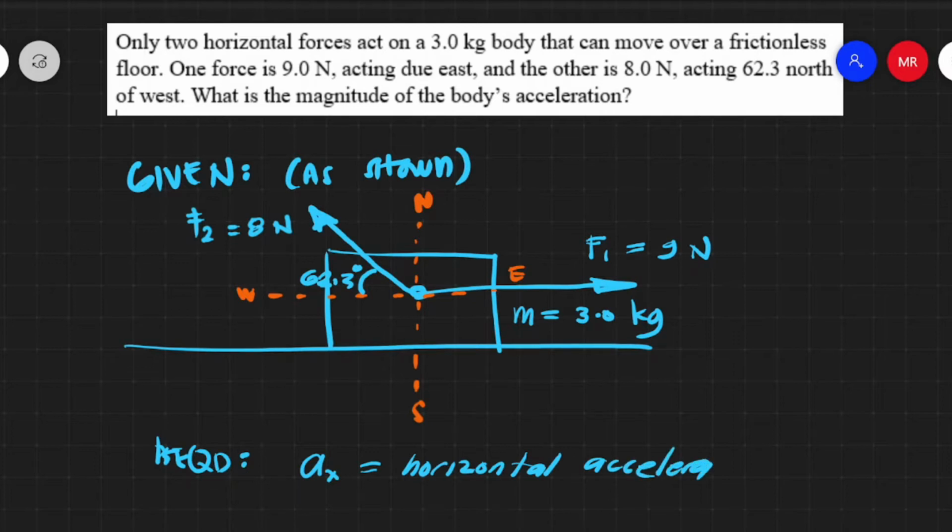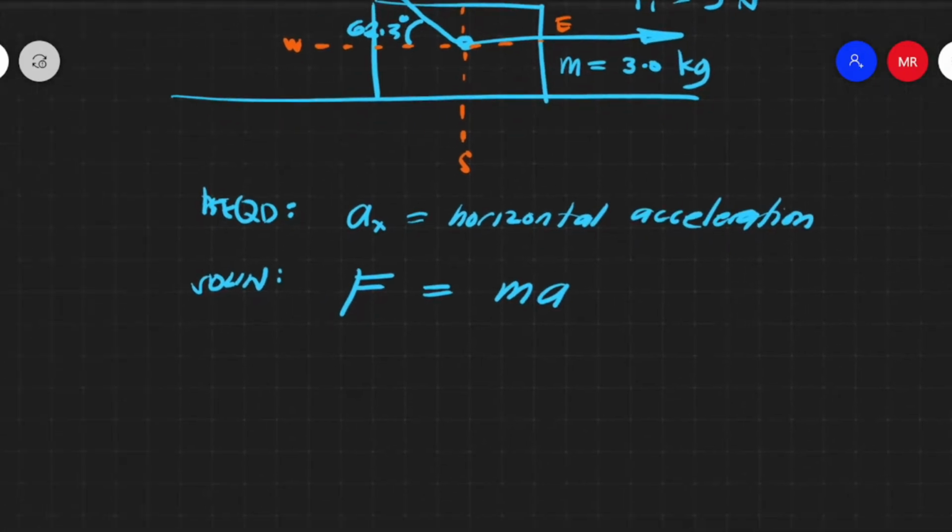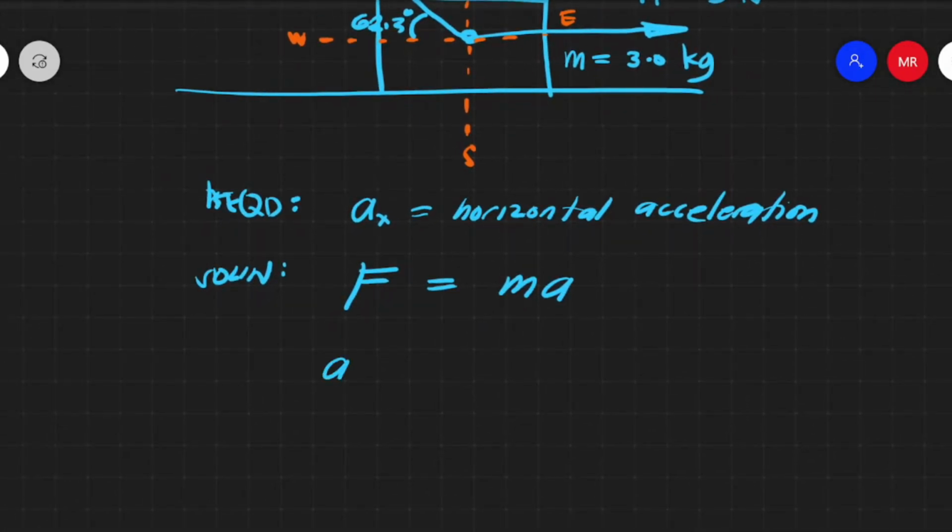We all know that force is equal to mass times acceleration. So this is our solution. Therefore, acceleration is equal to force over mass.